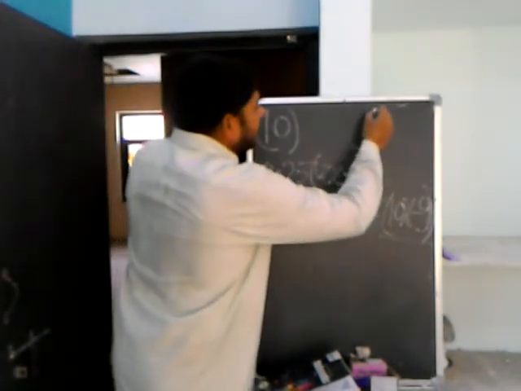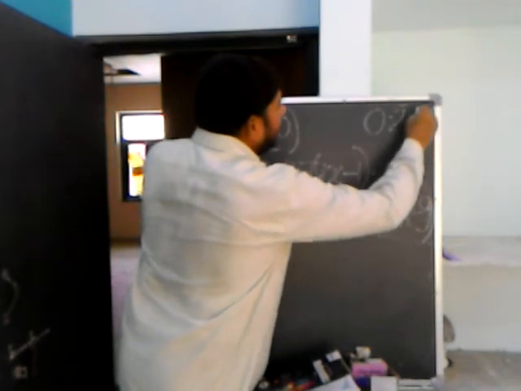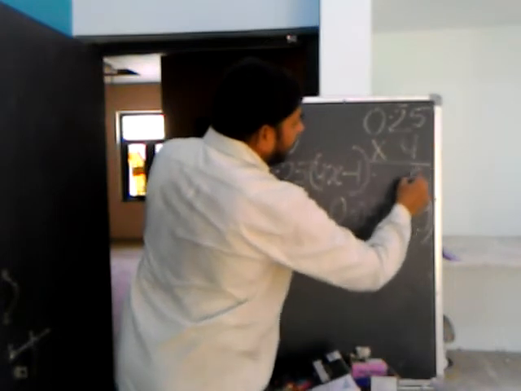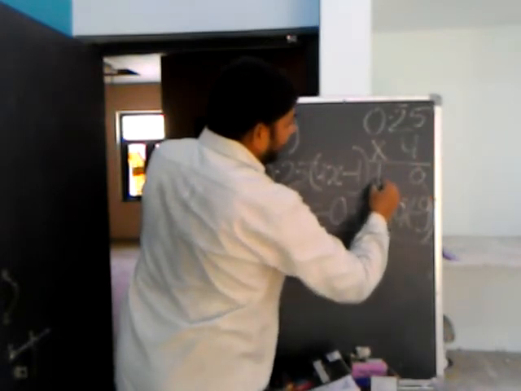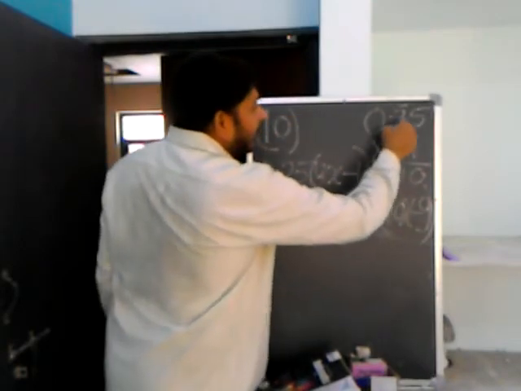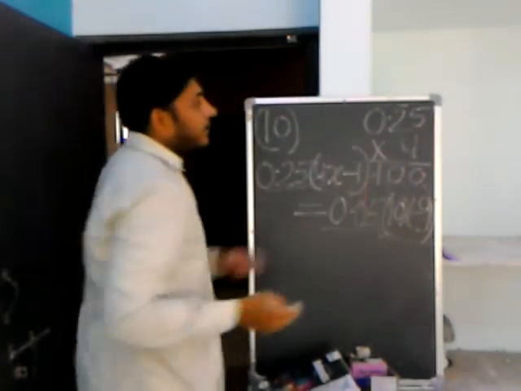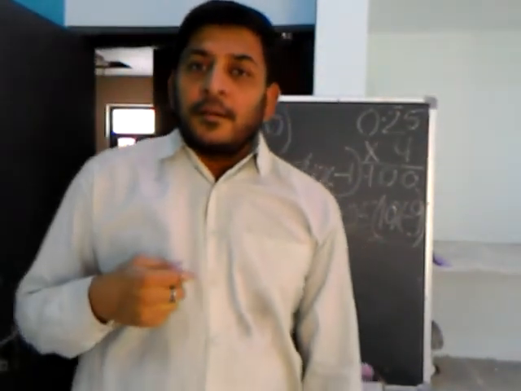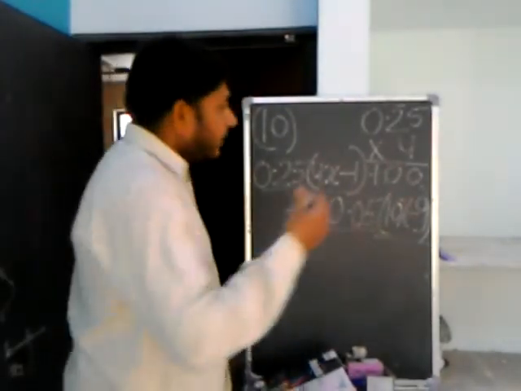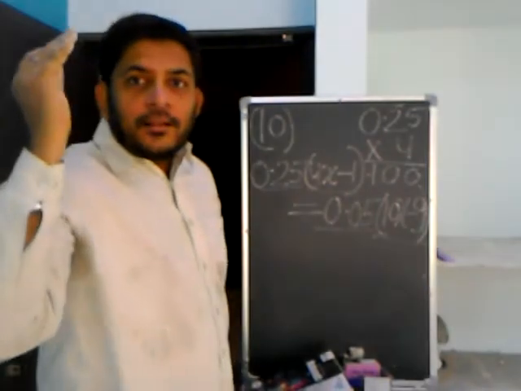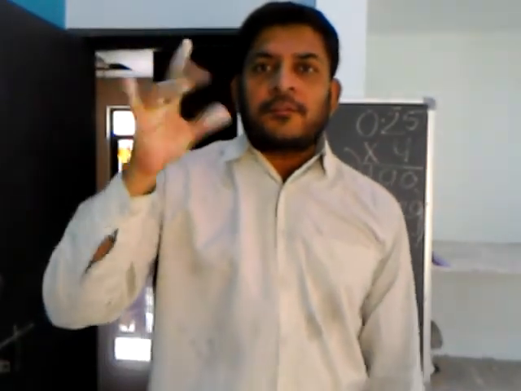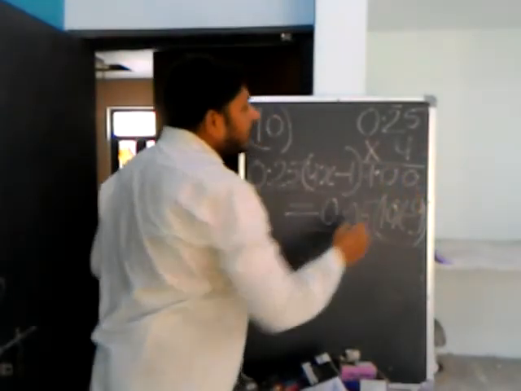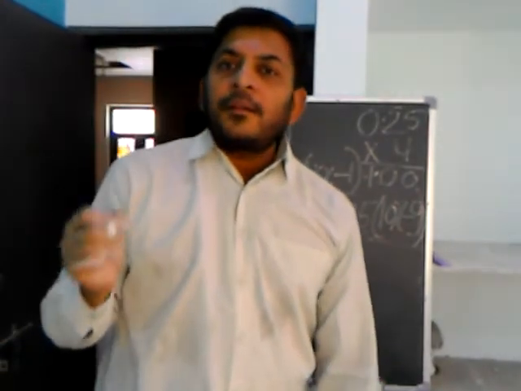Now if I multiply 0.25 by 4, what will I get? 4 5s are 20, 4 2s are 8, 8 plus 2 is 10. There are two digits after the point, 2 and 5. So we count two digits from the right hand side, that is 1 and 2, and put the point sign after that.